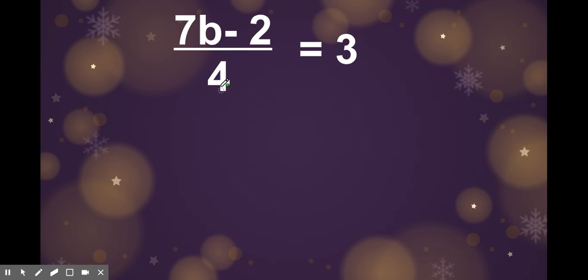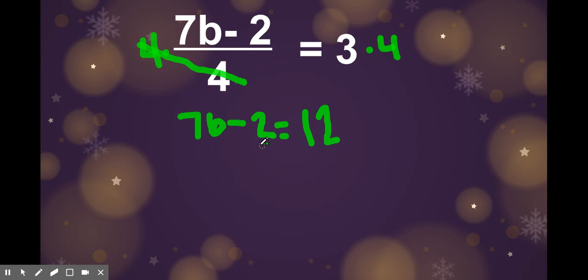So since I'm dividing by 4, in order to get rid of this 4, I'm going to have to multiply by 4. So all I'm left with on this side now is 7b minus 2. And if I multiplied my left side by 4, I'm going to have to multiply my right side by 4. So 3 times 4 is 12.